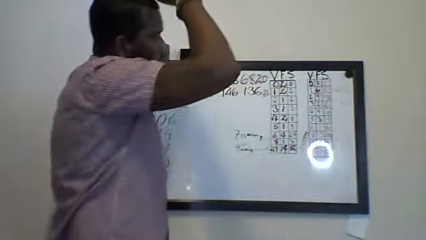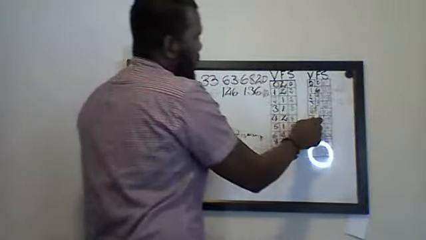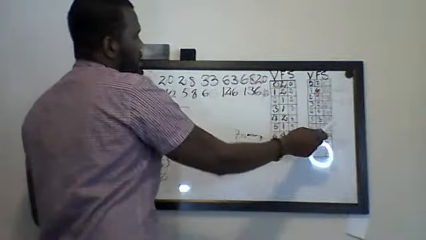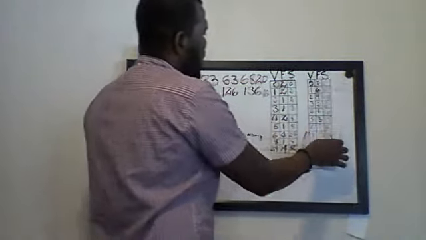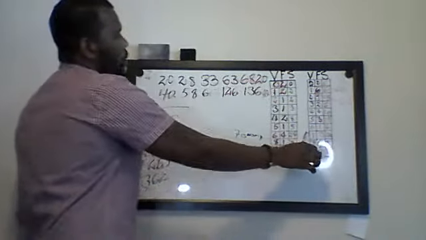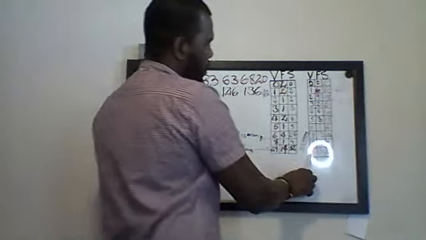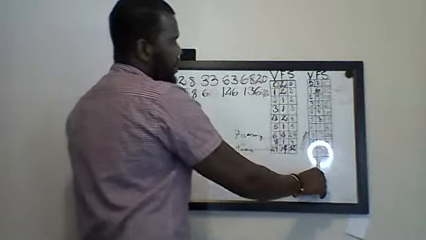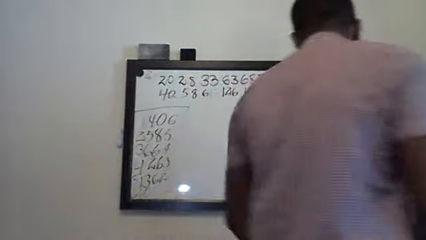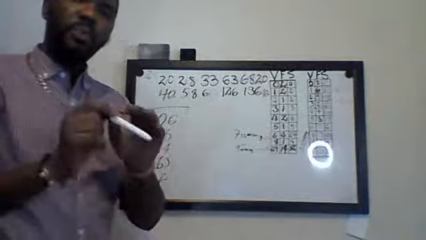Now 3 times 5 gives me 15, and 6, 1 times 6 gives me 6, 3 times 8 gives me 24, 1 times 9 gives me 9. So when we count everything, the value gives me 39, the frequency gives me 31, and the sum gives me 100. So now the last part is to pick your numbers.